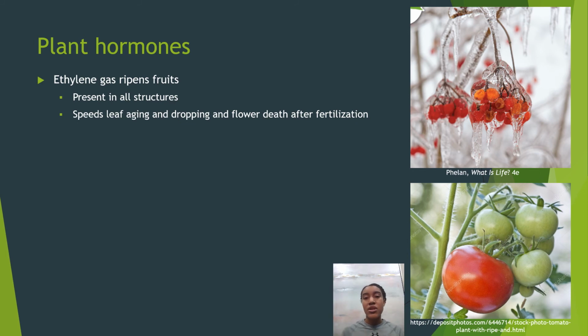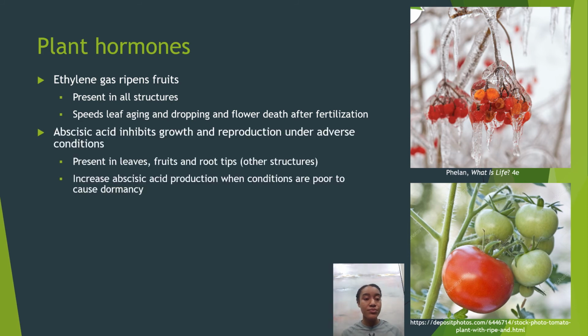So ethylene plays a major role in this. The reason why I said you probably heard it in infomercials is because ethylene gas is also what causes your fruits at home to ripen. Some people have come up with products that will cause ethylene gas to be degraded or removed, and it'll extend the life of your fruits and vegetables.